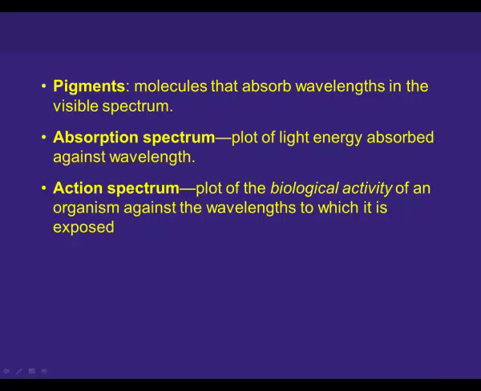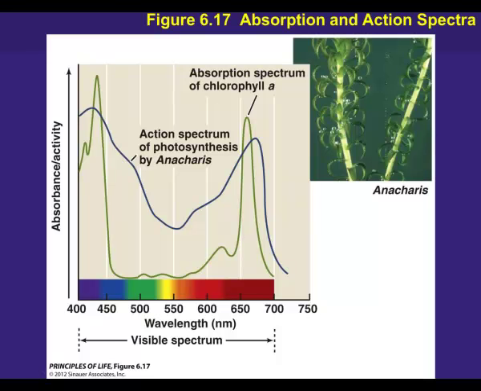Let's take a look at an example. This graph is showing an absorption and action spectrum looking at a plant called Anacharis. If you look at the green line, you'll see the absorption spectrum of chlorophyll A, and you can see that it has two peaks, one around 440 nanometers and another at around 660 nanometers.